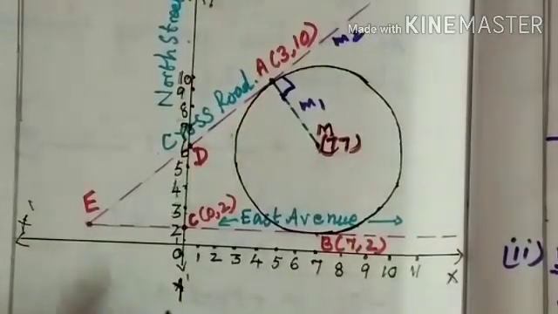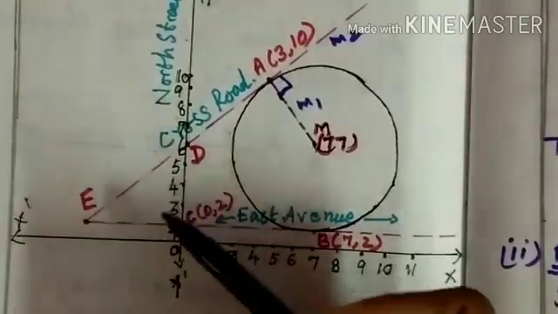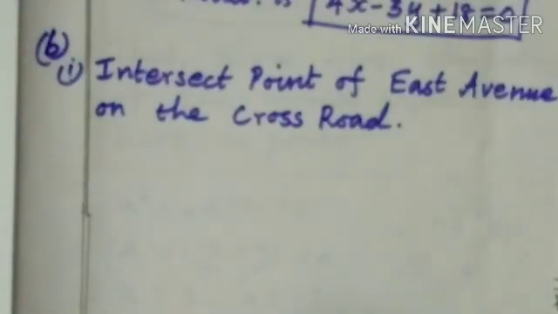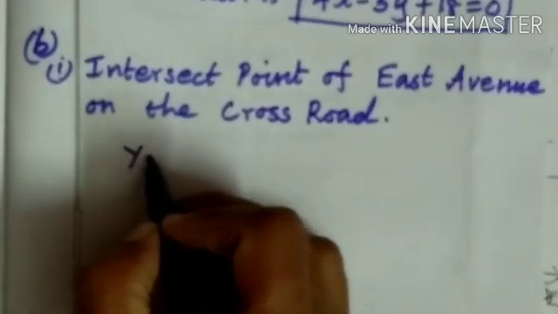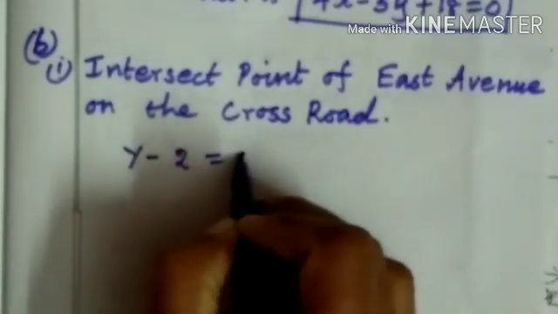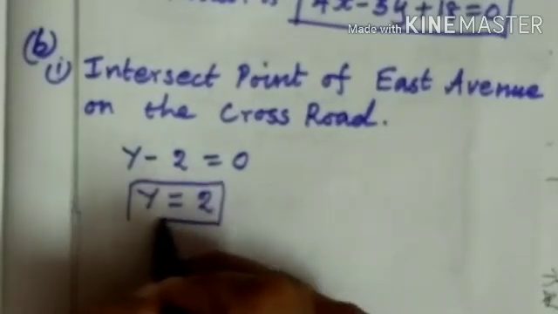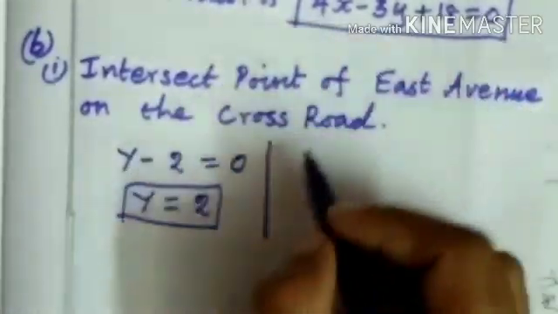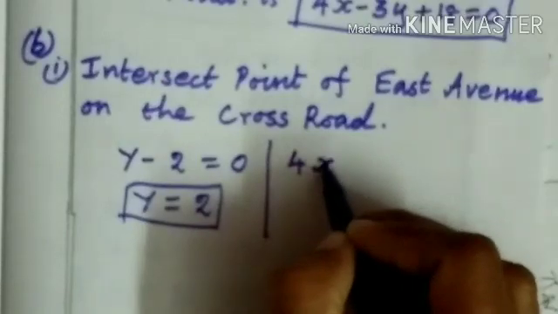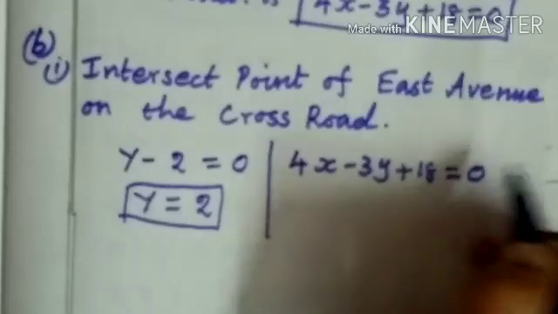The next subdivision, we have to find the intersect point of East Avenue. Let us take down and write the previous step answer. That is equation of East Avenue y minus 2 is equal to 0, that is y is equal to plus 2. Then the equation of the crossroad 4x minus 3y plus 18 is equal to 0.